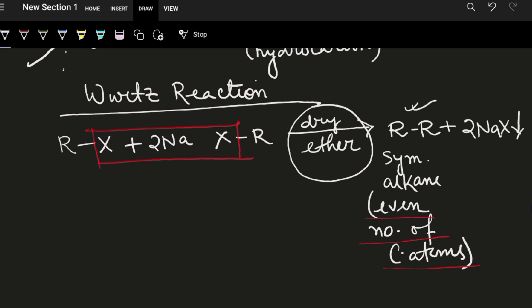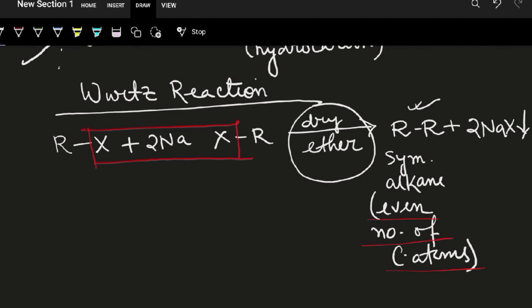See, it is not that you cannot prepare, but Wurtz reaction says 2 moles of the same alkyl halide react with sodium. Now, if you take different alkyl halides, then you will get a mixture of compounds R-R, R-R', R'-R'.